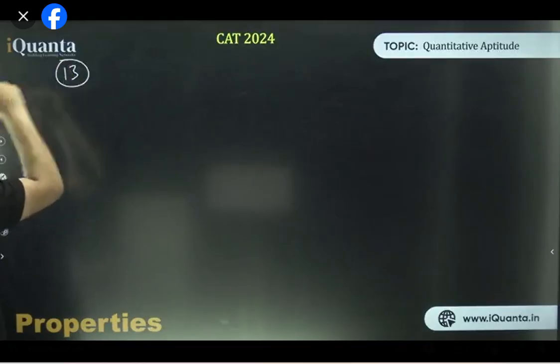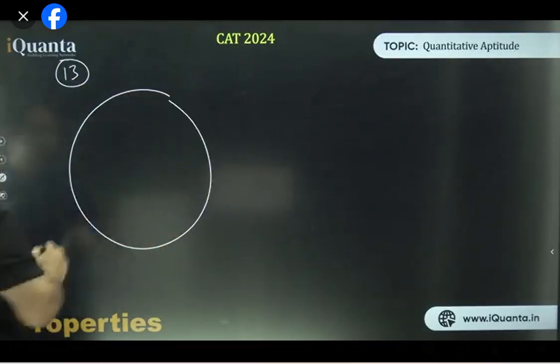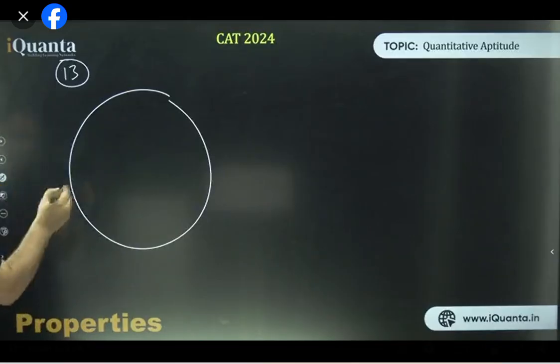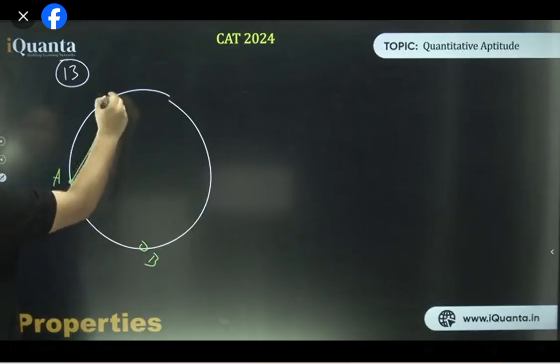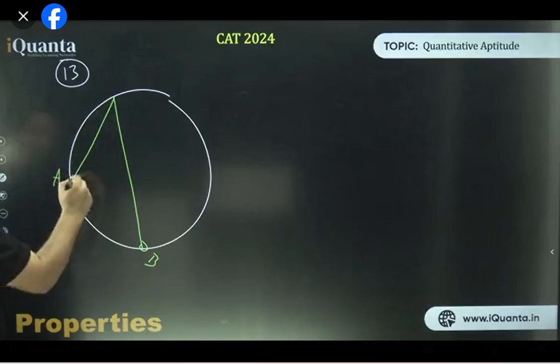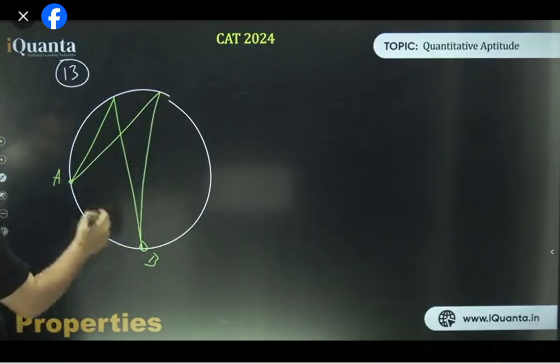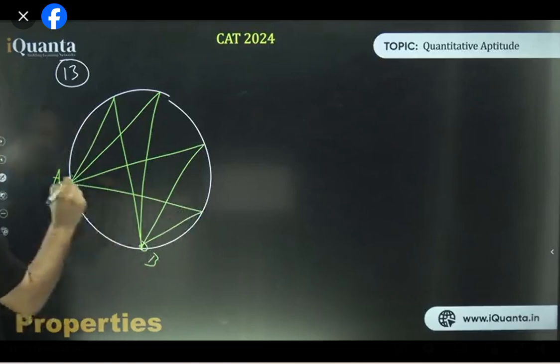Thirteenth, I have an arc AB and this arc is subtending some angle on the circumference. कभी यहाँ पे कर रहा है, कभी वहाँ पे कर रहा है, कभी इधर कर रहा है. It keeps on doing it, you know, करते ही जा रहा है.